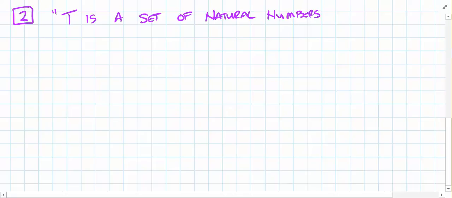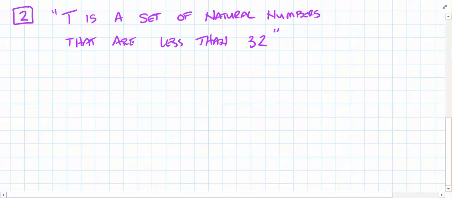Where does it end? It doesn't end. 0 is not part of it. It's just positive integers: 1, 2, 3. So T is a set of natural numbers that are less than, we'll say, 32. T is a set of all natural numbers less than 32.